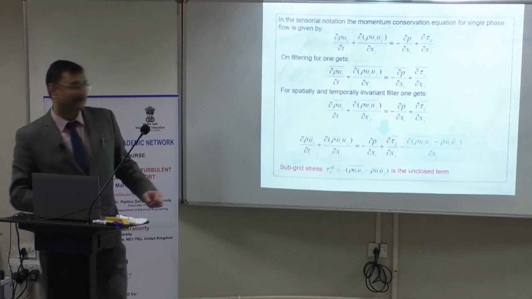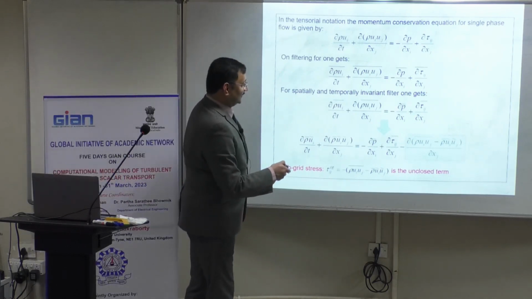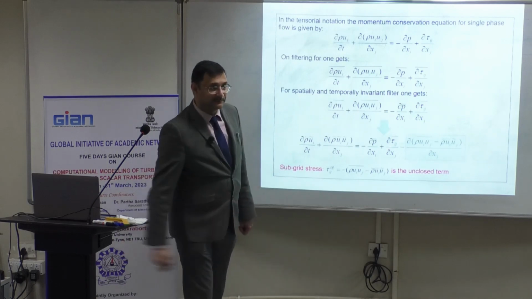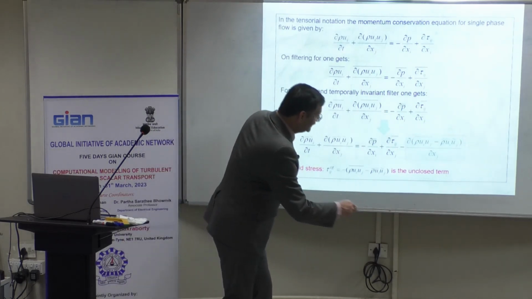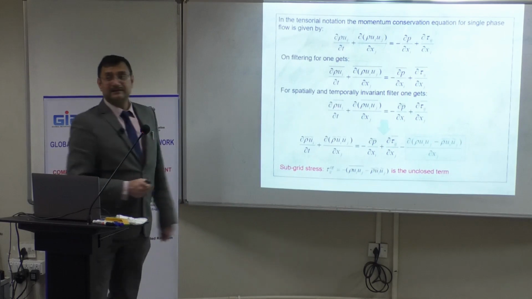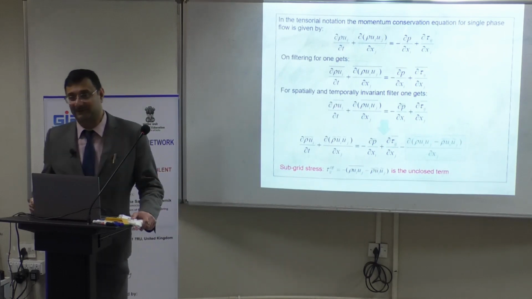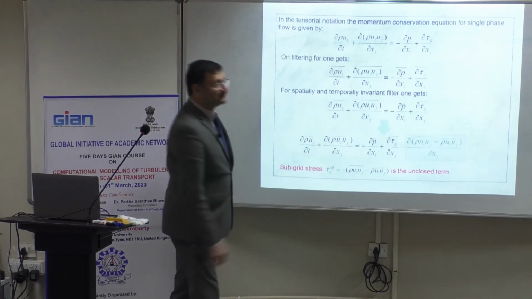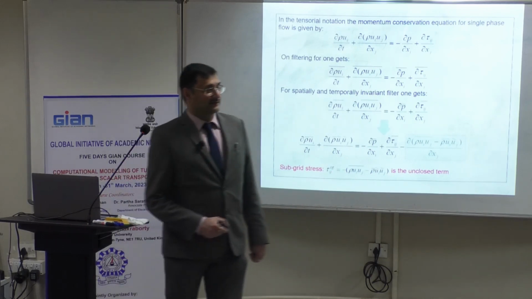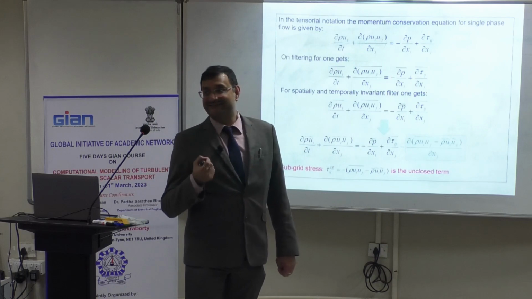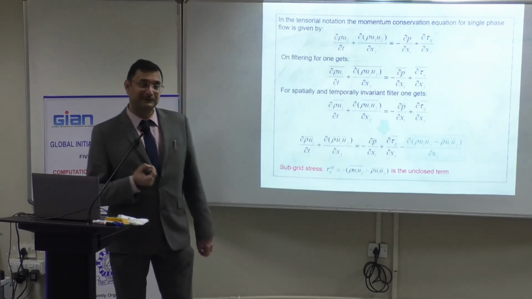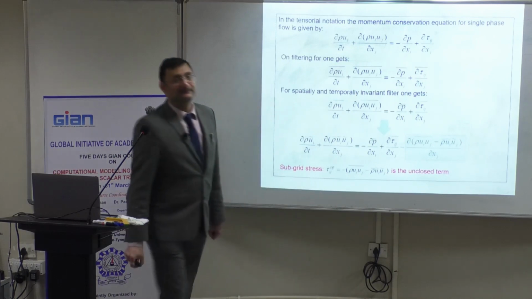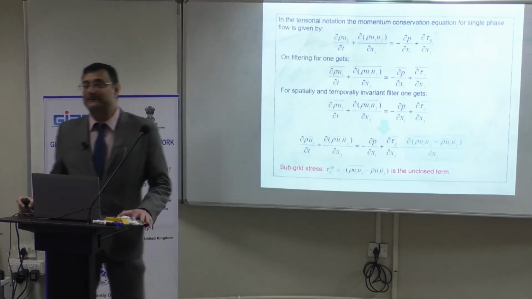Okay? This term is identical to this one, this term is identical to this one. And this essentially is our unclosed term. And this quantity is our subgrid stress. This is the unclosed term we need to model in order to solve the filtered momentum equation.